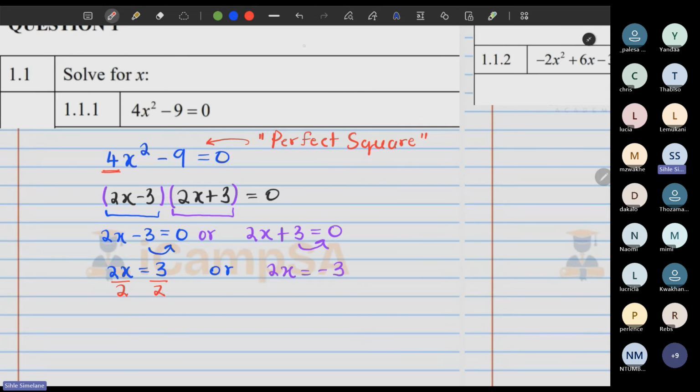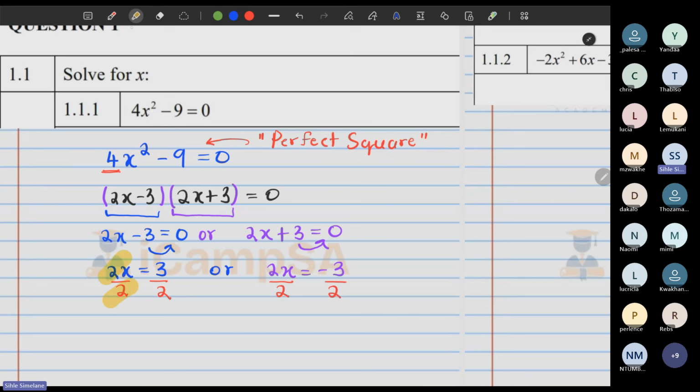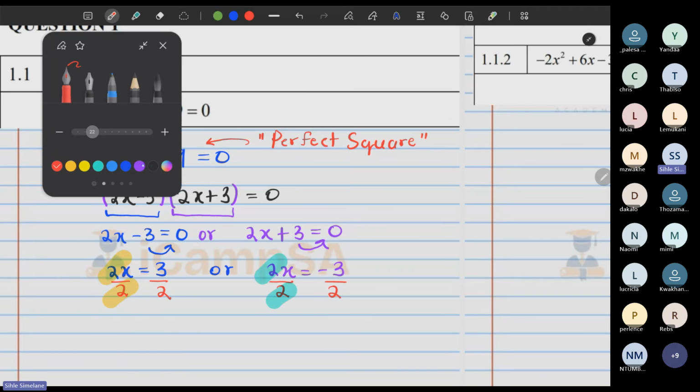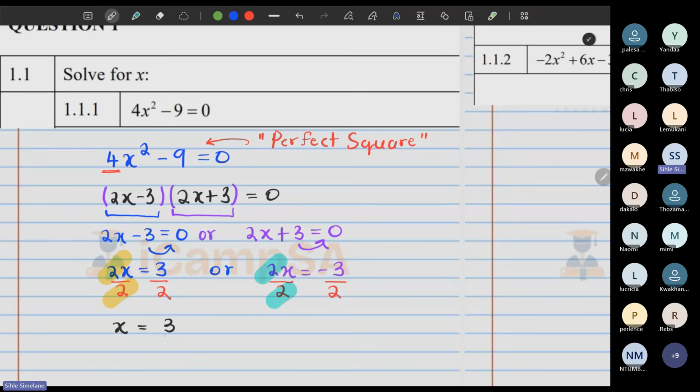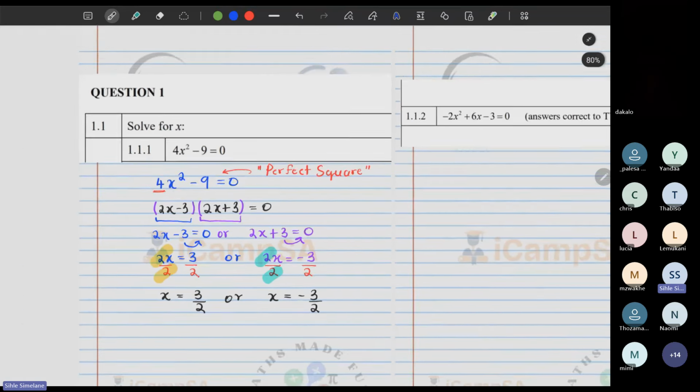We divide by 2 on both sides, and the 2 will cancel here and here, leaving us with our x's. So x is 3 over 2, or the other x is minus 3 divided by 2. Do you guys understand? If you do, give me a thumbs up. And if you don't, please ask a question.